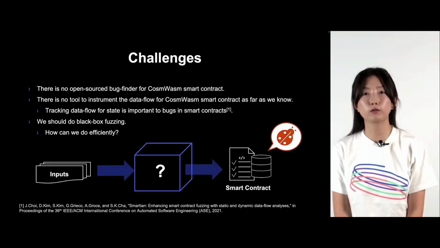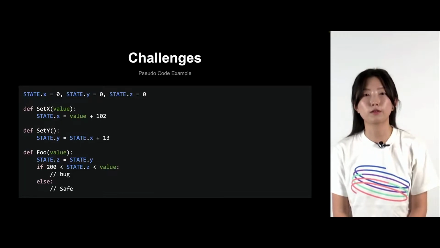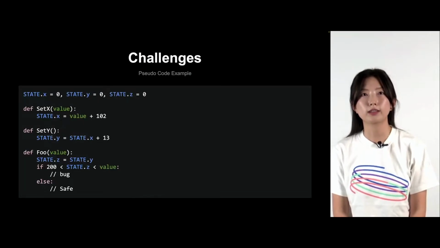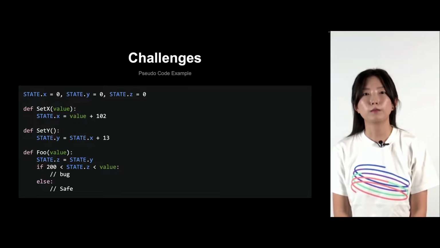Next, I'd like to talk about the illustration code, which has been modified from last year's Martian introduction. And we will look at the hints of how to find the bugs efficiently. State X, state Y, state Z. These state variables exist, and we have the functions. And we have a bug in foo.